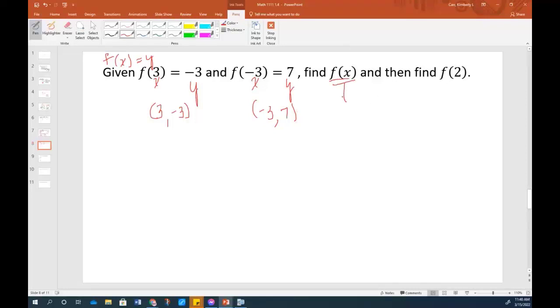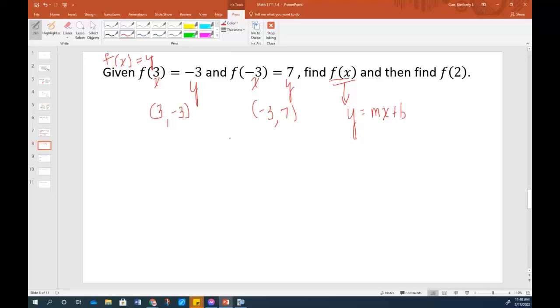Now, if f of x is y, and this wouldn't always be true, but in this section of the algebra class, we're dealing with linear equations. So we have y equals mx plus b. Then I can go ahead and work with it as a y, and then just label it as f of x after I get done.